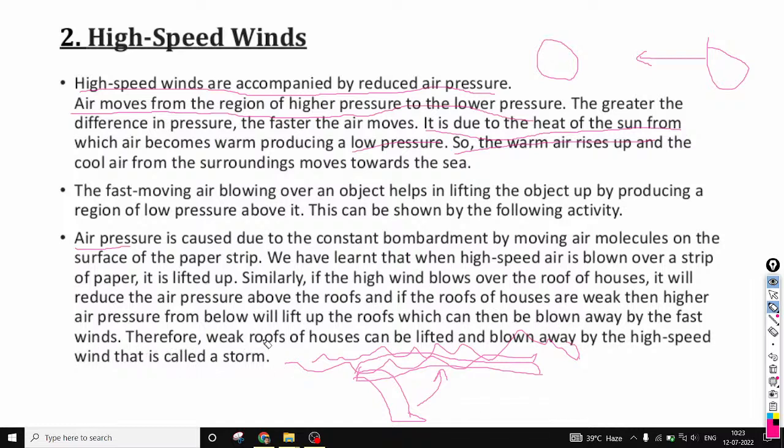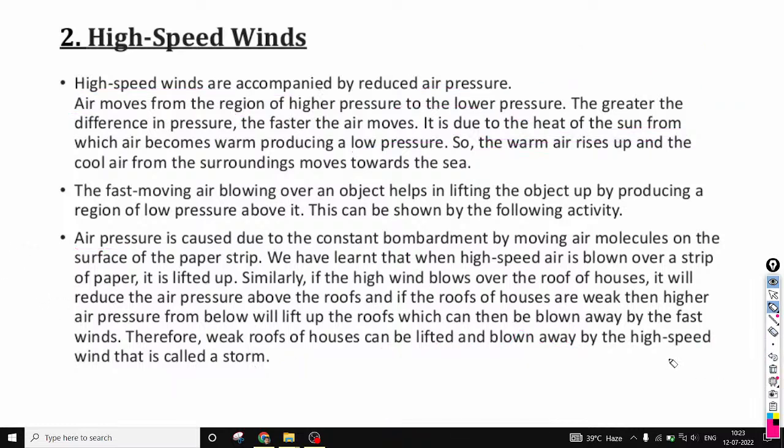Therefore weak roofs of houses can be lifted and blown away by high speed wind, and that is called a storm. So as I have explained, if high speed wind blows over the surface of your houses or sheds, the roof is uplifted by the moving high speed wind, and this is called a storm.